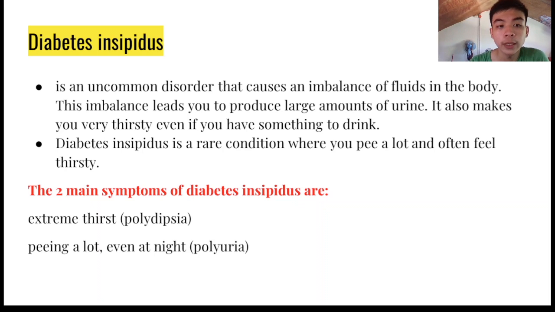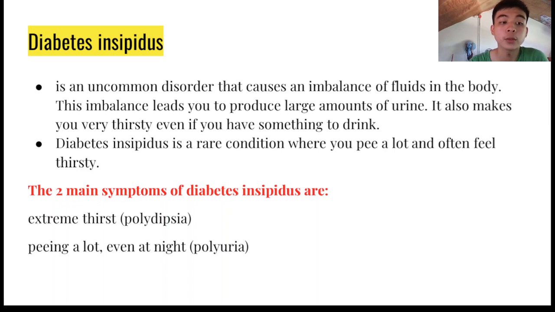That is why people with this disease urinate 10 to 20 liters of urine per day because of thirstiness. If a person becomes thirsty, he or she will eventually drink water.